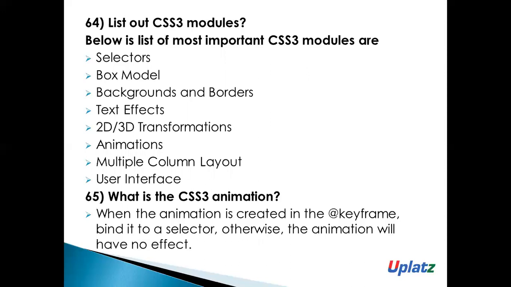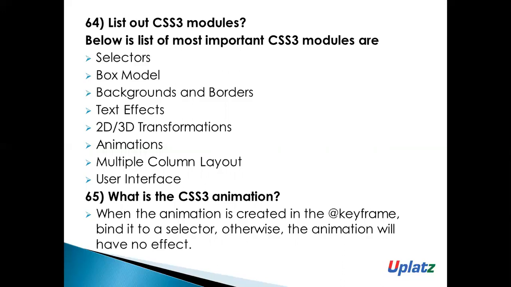Important modules in CSS3, which we have already discussed, are selector, box model, background, text effects, 2D and 3D transforms, which are possible in CSS3 with the help of HTML5 elements, multiple column layout and user interface. For each and every one, we saw a program in my previous session. So make use of that.